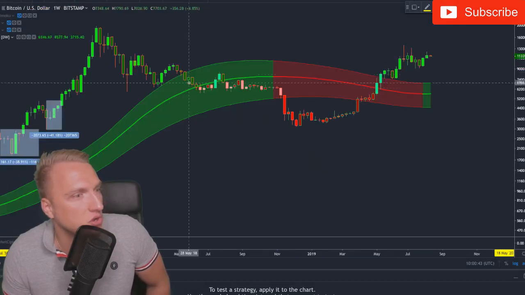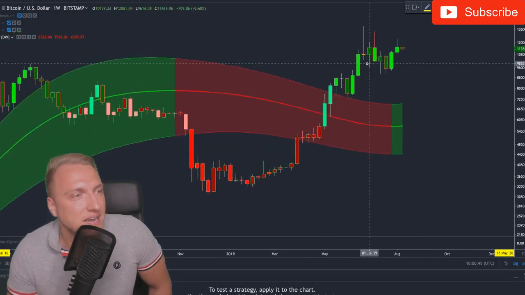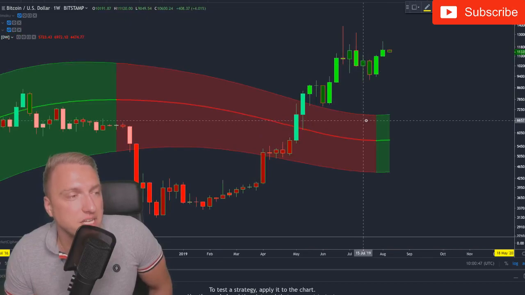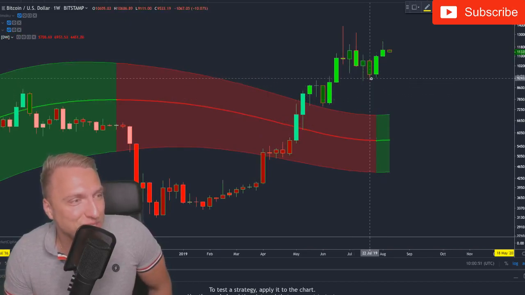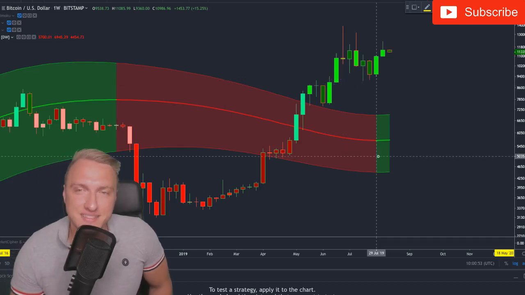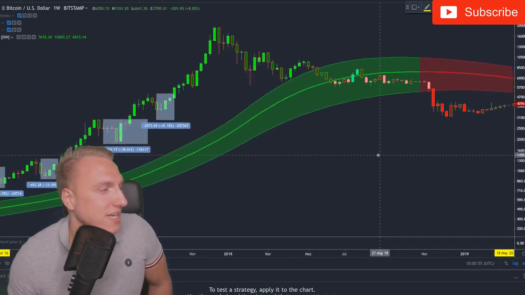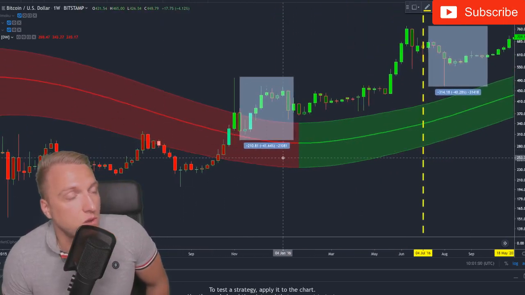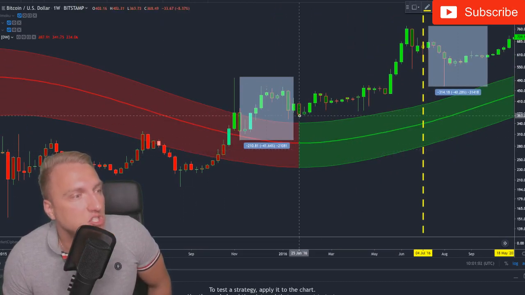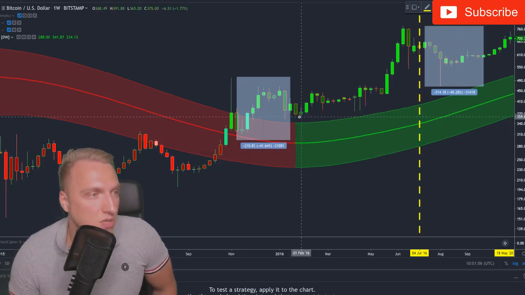if we enable the Gaussian channel, we can see that the Gaussian channel was actually switching from red into green. And that was exactly also here at the temporary bottom. And this is actually a very bullish indicator, because if you go back in time right here, when we switched from red to green, we saw that this was a price which we never ever had afterwards again.